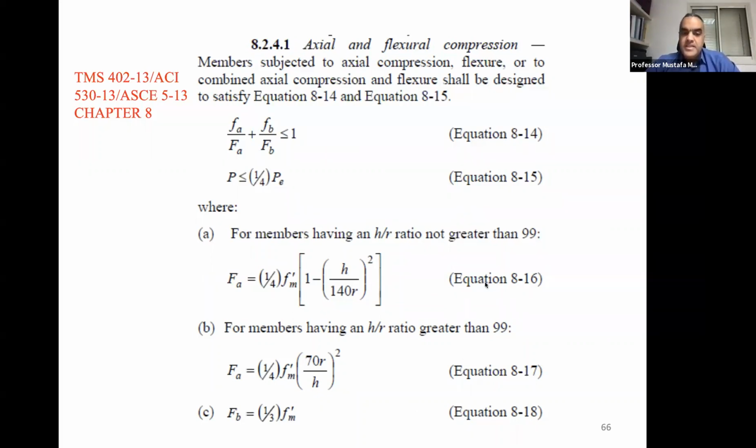Okay, that's if H over R is less than 99. If it's more than 99, we use the equation below, equation 9-17. The bending capacity is 1/3 of F prime M. Okay, 1/3 of F prime M.